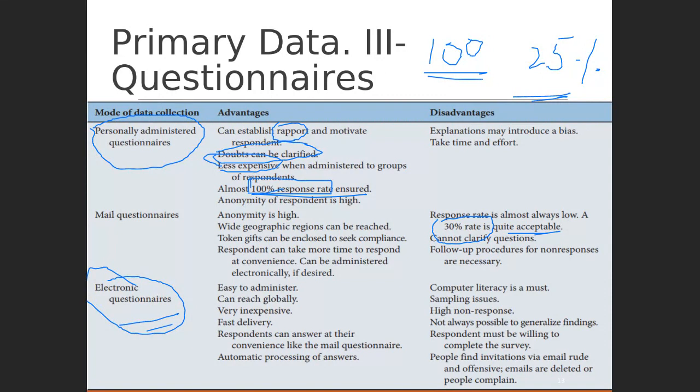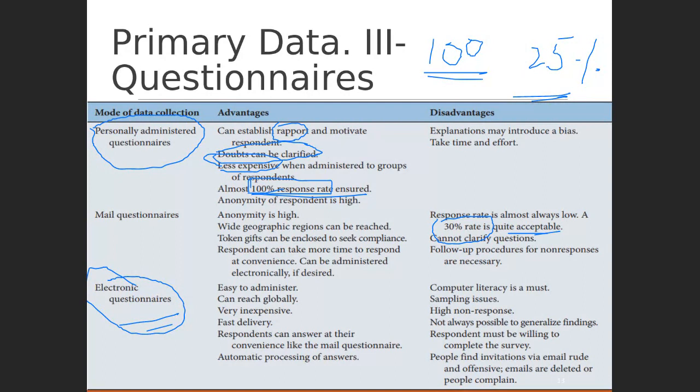So this is one of the main advantages, and this is a very important aspect of personally administering questionnaires. But one of the main disadvantages is that the researcher might introduce bias in personal administration.